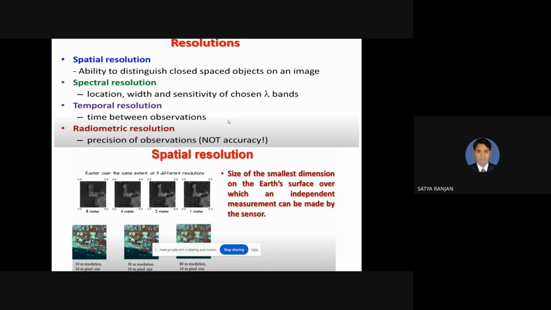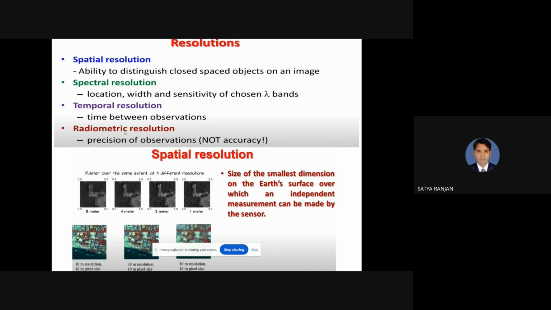Then, these are some resolution types. There are 4 resolutions: spatial resolution, spectral resolution, temporal resolution, and radiometric resolution. Sometimes it is asked in short-mark questions what the different resolutions of a satellite are. Spatial resolution just discusses the pixel dimension.